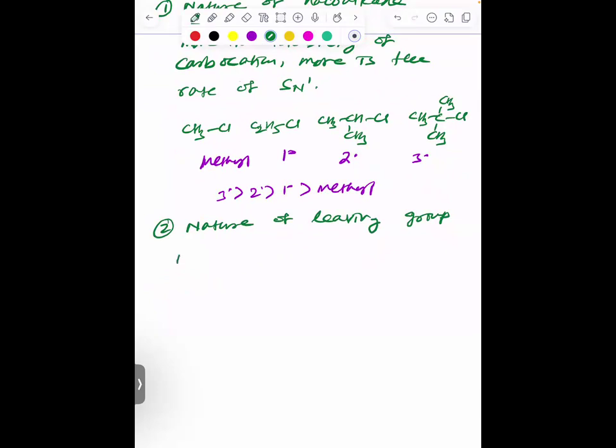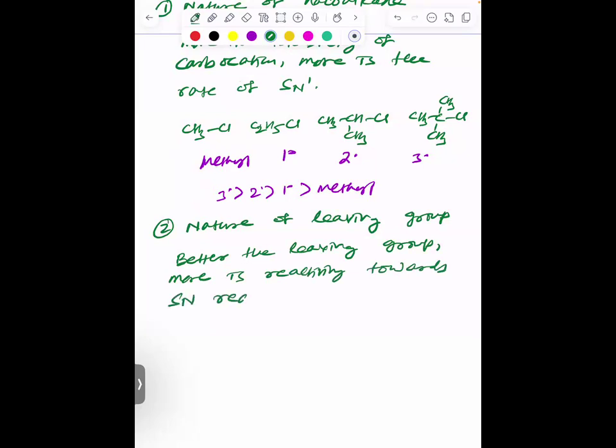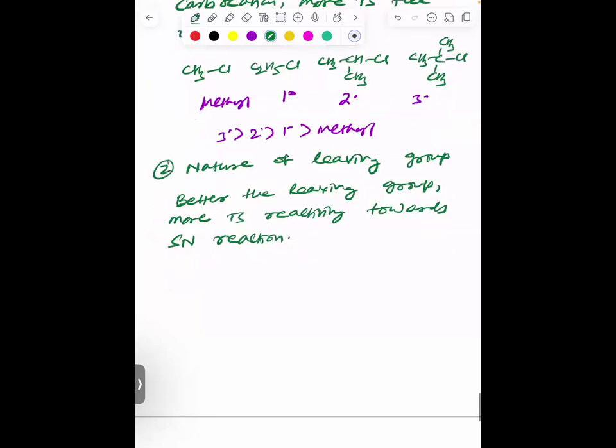So, better the leaving group, more is the reactivity towards nucleophilic substitution reaction, SN reaction. So this is the second factor.